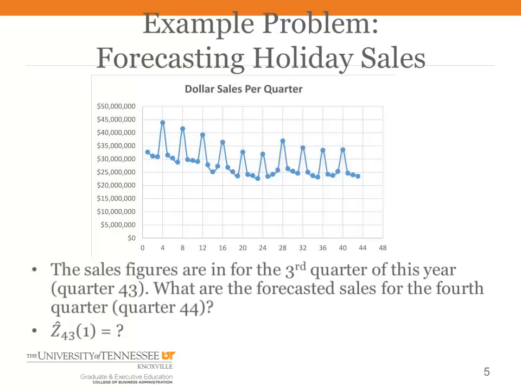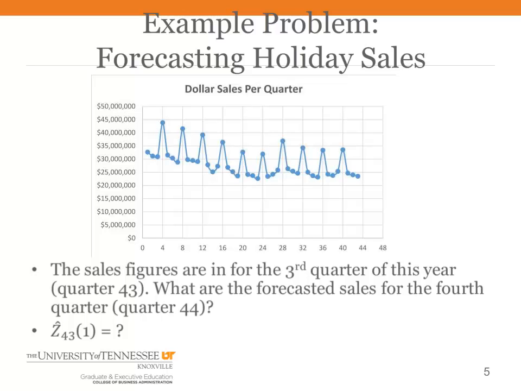So look closely at the data and look at the last quarter there. It's third quarter, and we want to make a forecast for fourth quarter. Two things we'll know is that fourth quarter should be a lot higher than third quarter because of the seasonal pattern, and also third quarter of this year is somewhat lower than what third quarter last year was.